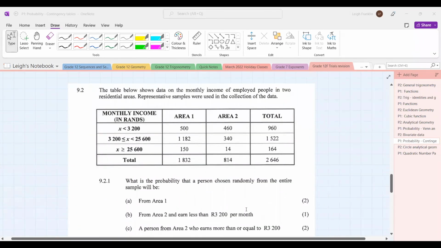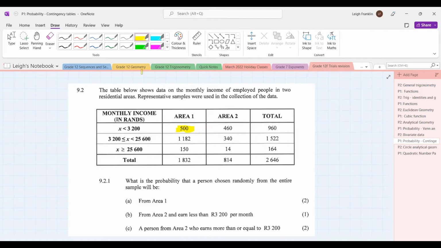So they've given us a specific place that we need to focus on. Let me just highlight it for you in the cell over here. That's the one that they want us to focus on.